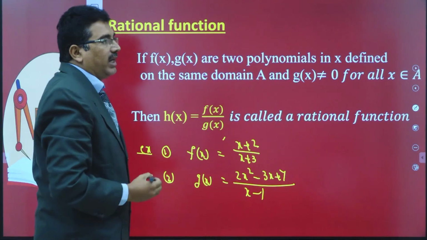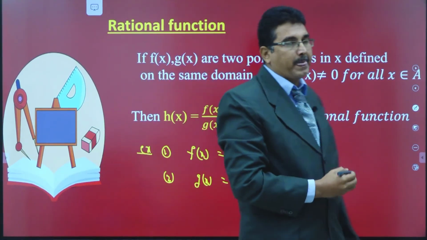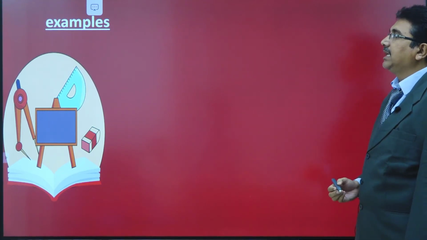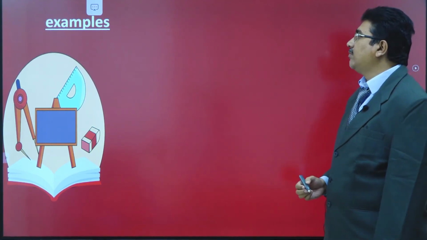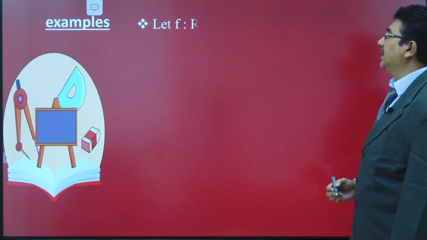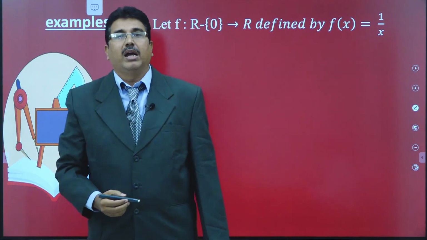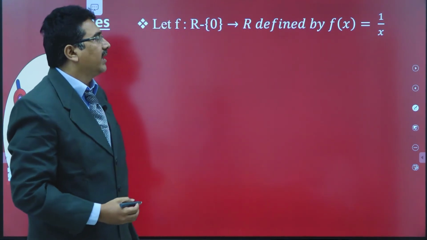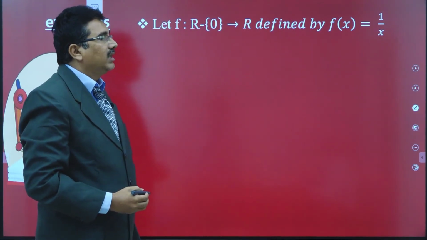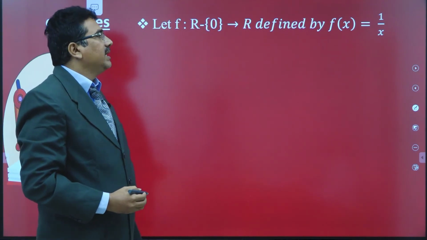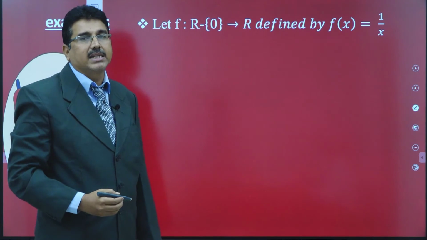This is also a rational function. Now see another example of a rational function. Let f mapping from R minus singleton set 0 to R by f of x is equal to 1 by x. This is also a rational function.